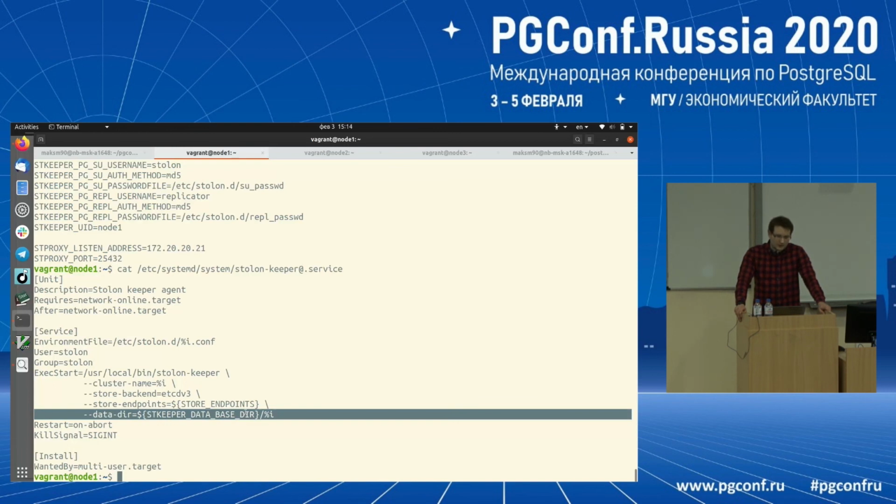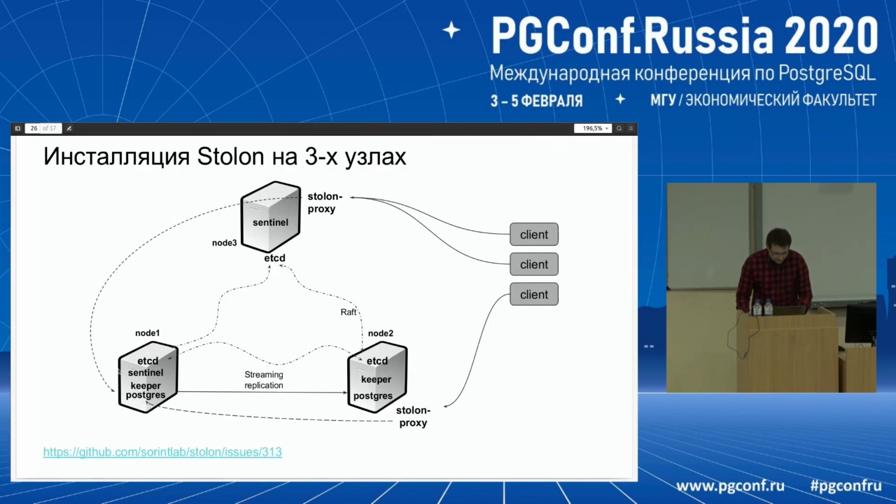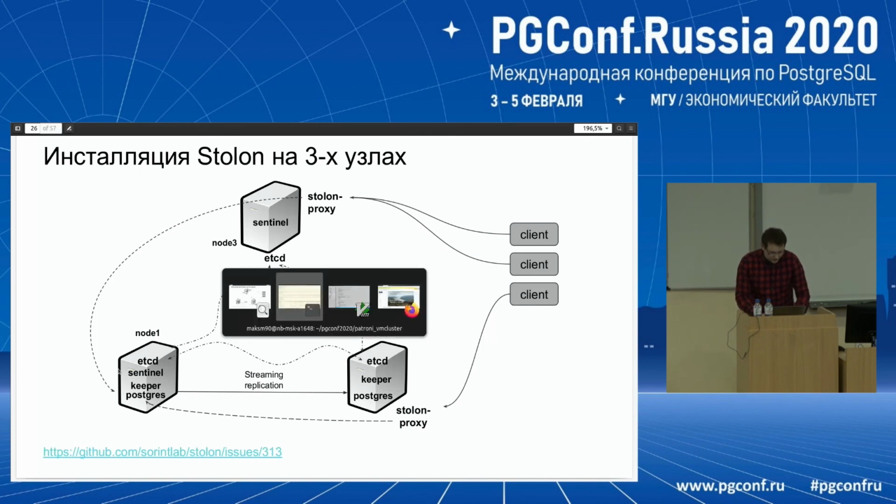It could be required, for example, if we need to restore our cluster from some backup, and at the same time we want to keep all the configuration, all the parameters and data files at the current node so that we could roll back to the previous version. So let's, for example, using Ansible, launch our services. I will go back to this picture, so I will do exactly the same as it's pictured here.